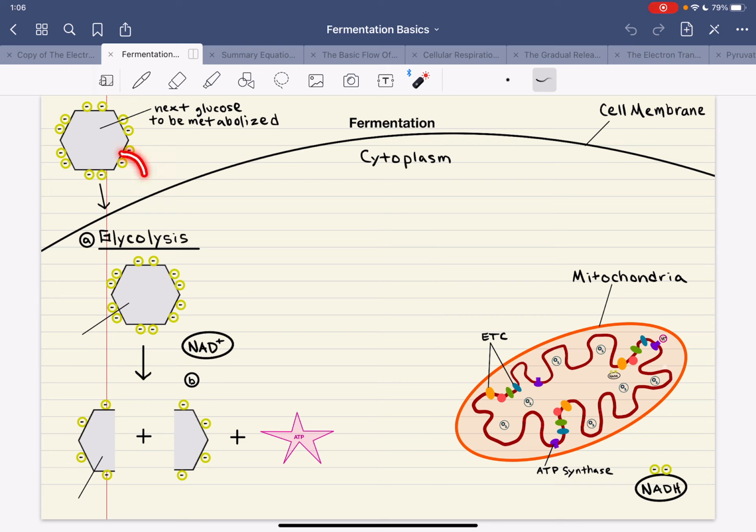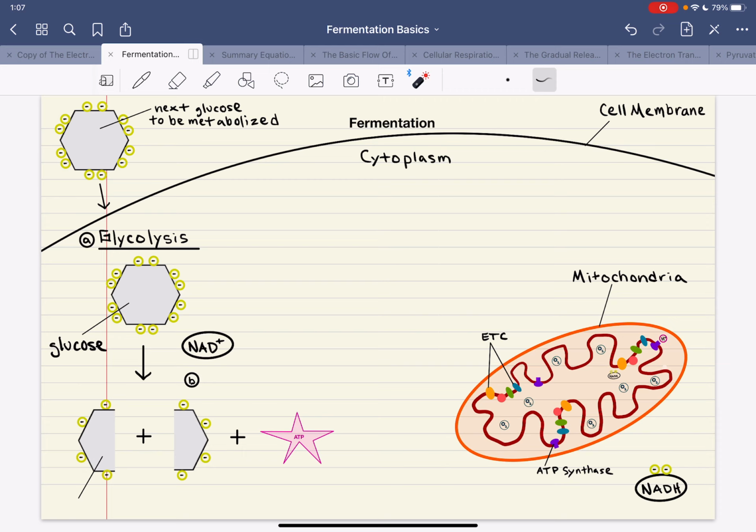Remember, in fermentation, just like cellular respiration, the molecule that we're breaking down or metabolizing is also glucose. So let's label that. This is our glucose right here with its many pairs of electrons, right? It has a lot of energy to tap into.